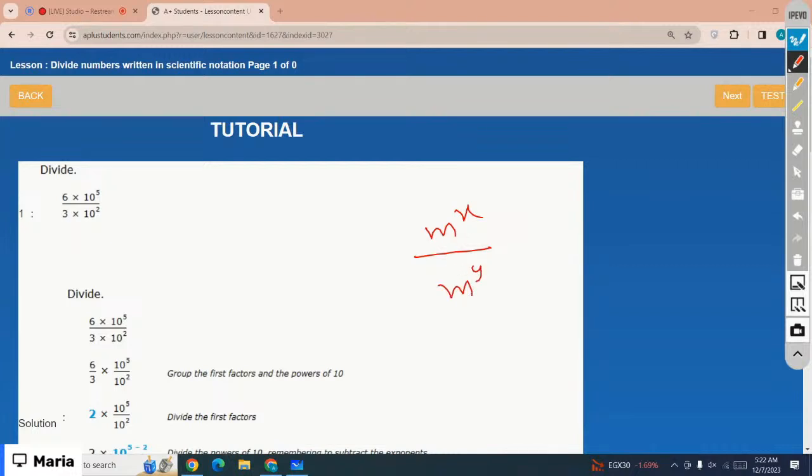The base is the same, their exponents are different. You simply have to subtract them, right? So here you have 5 and 2. You have to do 10 exponent 5 divided by 10 exponent 2. You simply have to do 10 exponent 5 minus 2. That is in case of division. So 5 minus 2 is 3. So that would be 2 times 10 exponent 3.